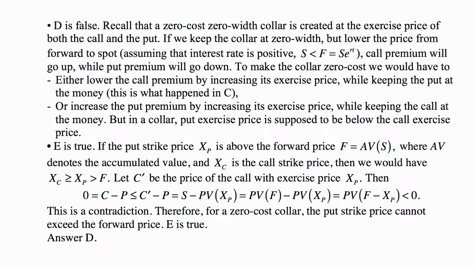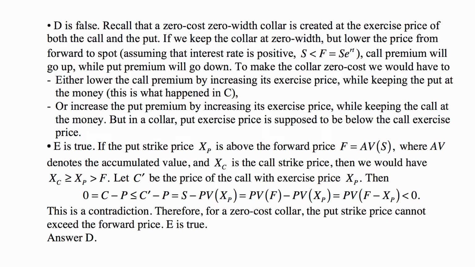As we lower the price, the call becomes more valuable and the put less valuable. To make the collar zero cost, we would have to either lower the call premium by increasing its exercise price while keeping the put at the money. This is what happened in C. Or increase the put premium by increasing the exercise price while keeping the call at the money. But in the collar, the put exercise price is supposed to be below the call exercise price. So you can't do this.